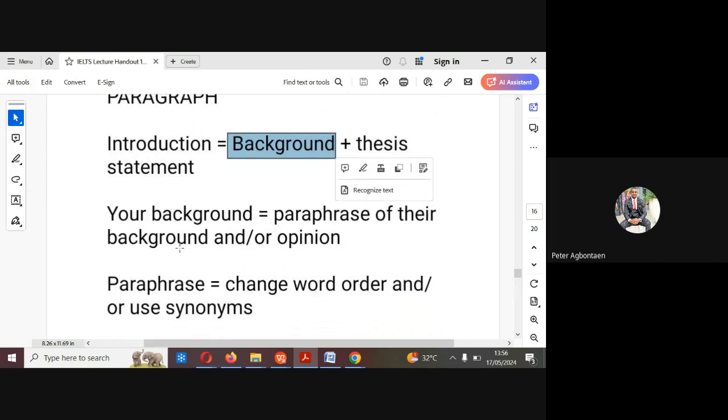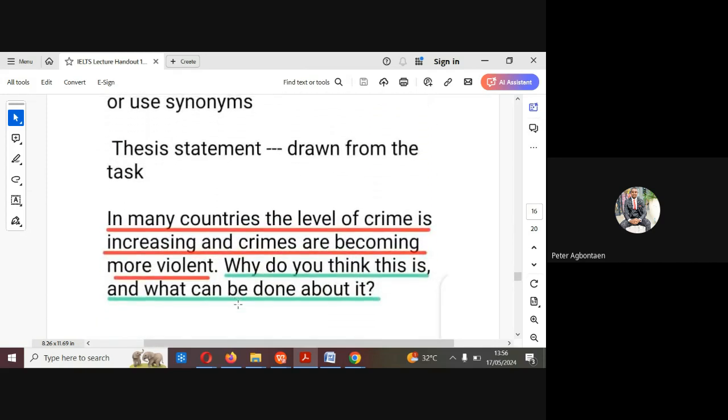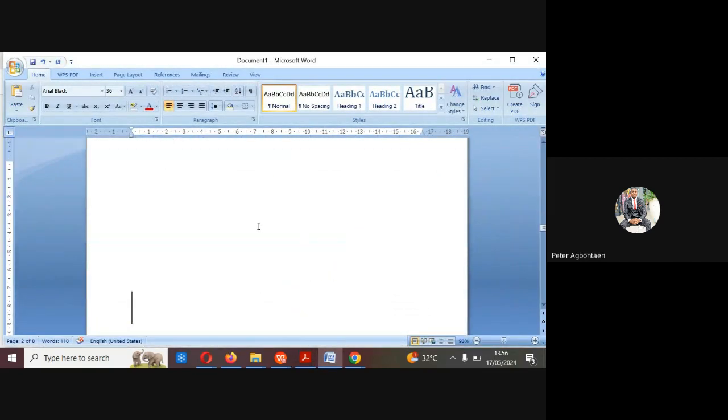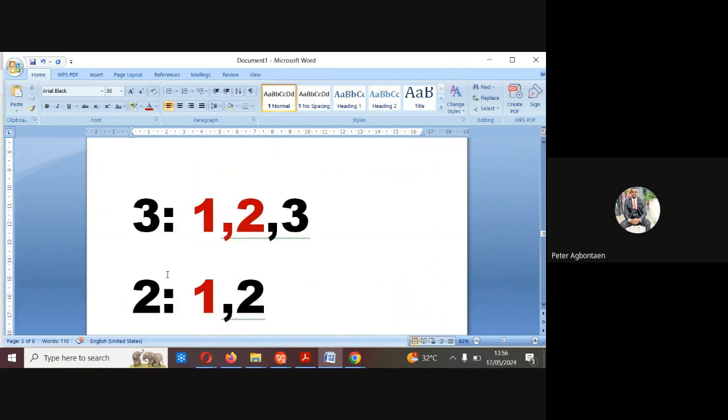To write your thesis statement in an IELTS essay, remember I told you that if you have a two-sentence question, pick the first sentence and leave the last one. If you have a three-sentence question, pick the first two and leave the last one.